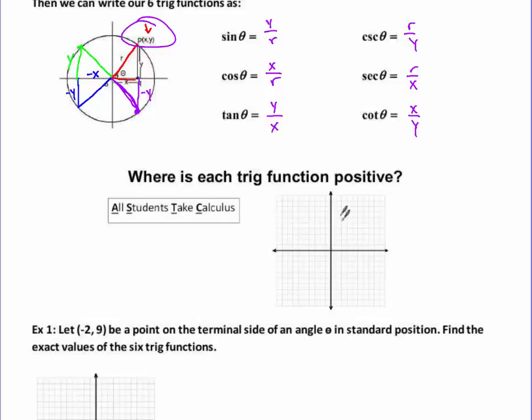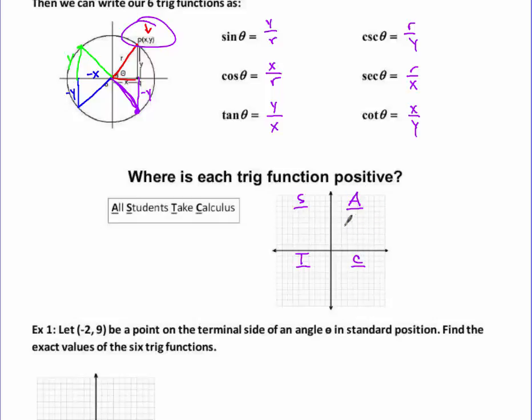So when we're in our coordinate plane, this little mnemonic, All Students Take Calculus, can help us remember which trig functions are positive and where. I'm going to go ahead and label this. Quadrant 1 is A, quadrant 2 is S, quadrant 3 is T, and quadrant 4 is C. And so our little acronym, All Students Take Calculus, will help us out here.